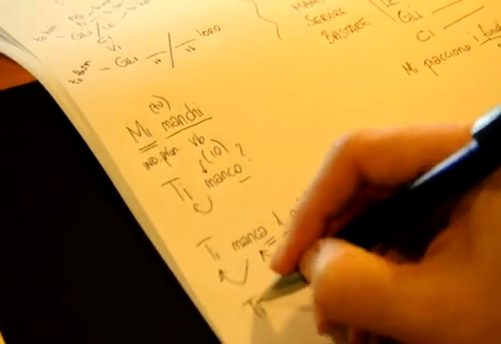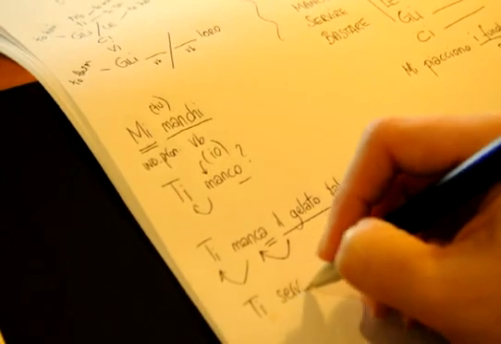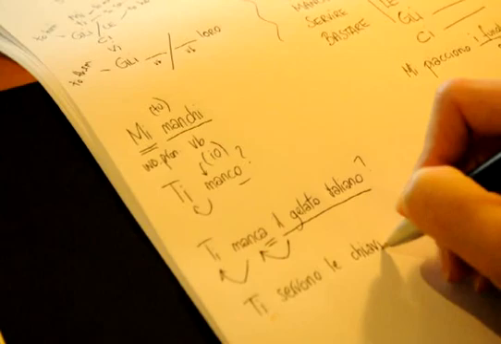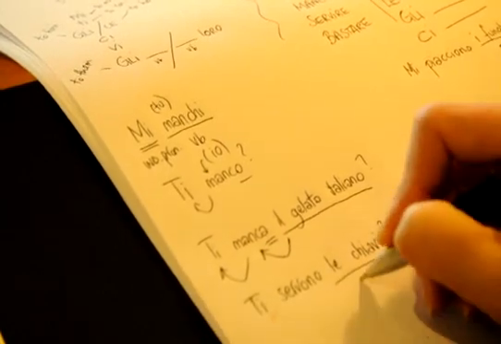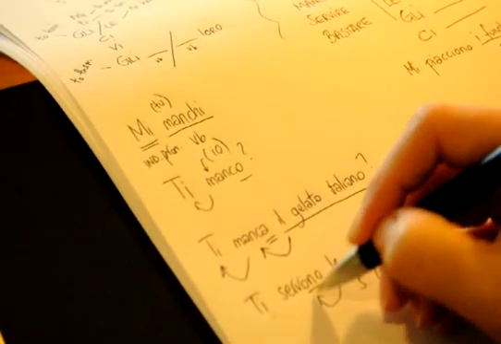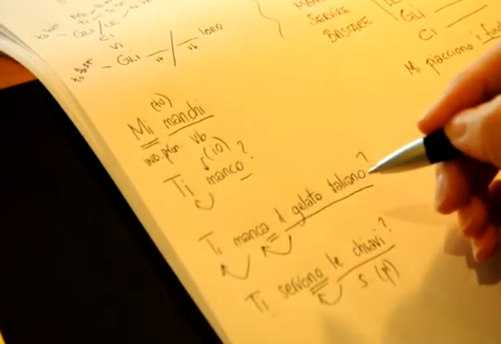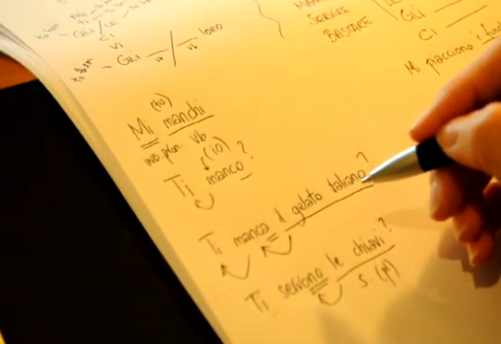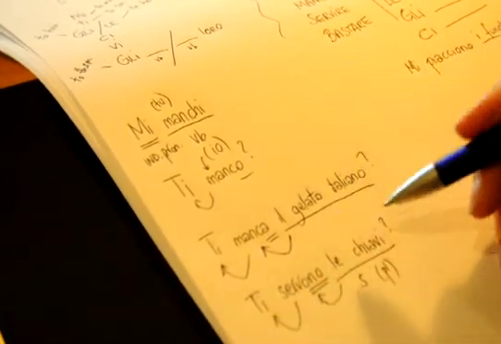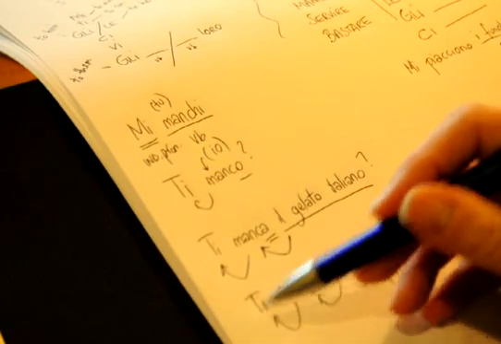Servire. Ti servono le chiavi? Now I have a subject, le chiavi, which is plural, so it's like loro. So I'm conjugating the verb, it's loro. Io servo, tu servi, lui serve, noi serviamo, voi servite, loro servono. To you. So are keys necessary to you?